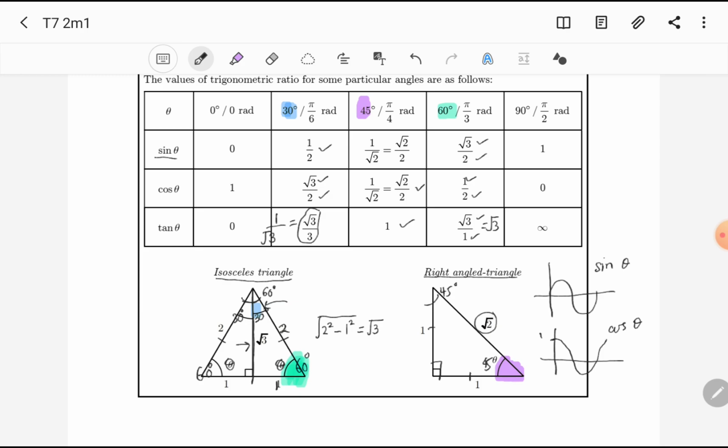So, ini saya lukis ni untuk satu cycle. 0 until 360 degrees only lah. Dia ada banyak actually. Okay, graf dia tu, dia berulang-ulang. Okay. So, this is 0, 90, 180 half. And here is 270.